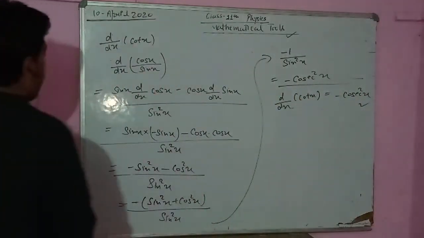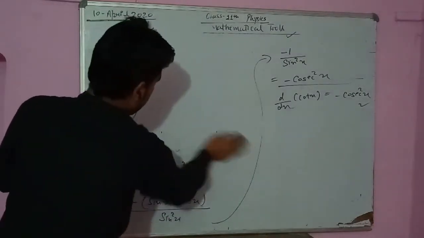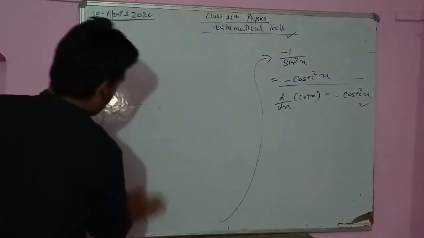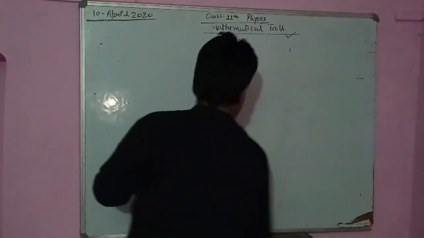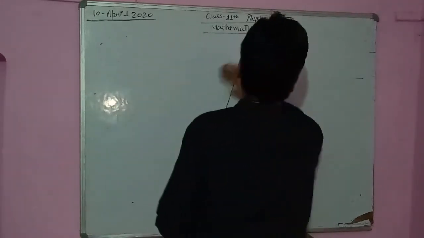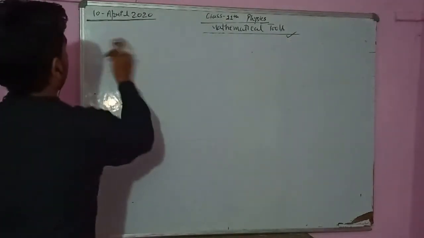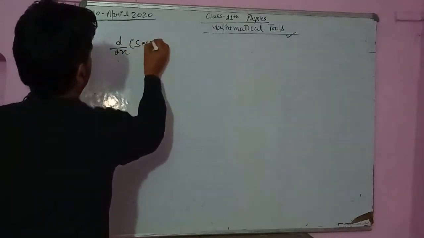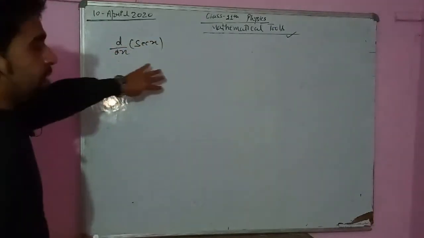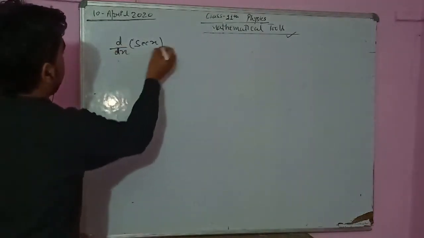Now we will solve further trigonometric functions. Up to cot it is done: sin, cos, tan, cot. Now we should solve sec. Sec and cosec are remaining. So we are going to solve this. So how will we solve sec? What is the differentiation of sec? We do have a direct formula for sec, but what can we write?